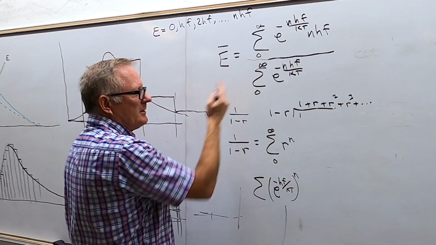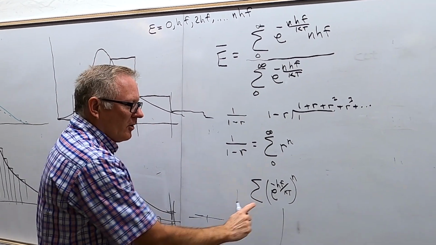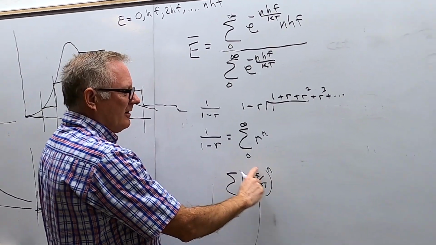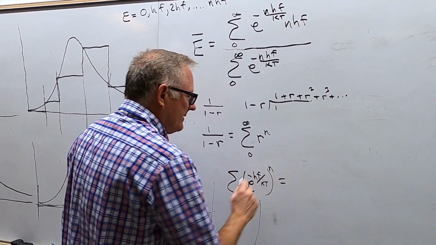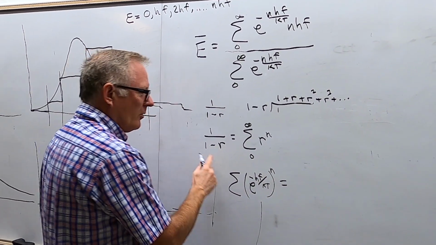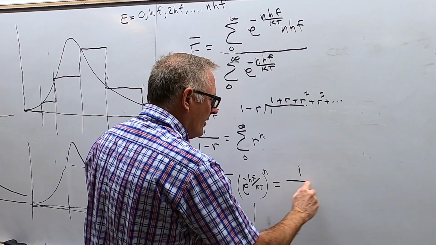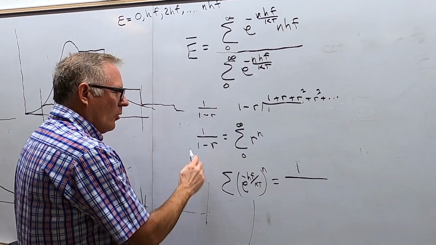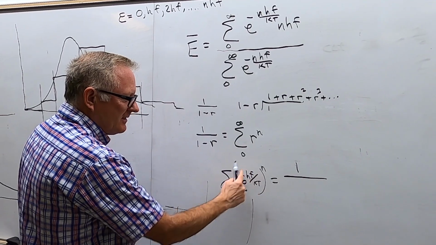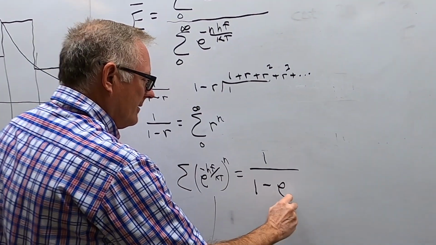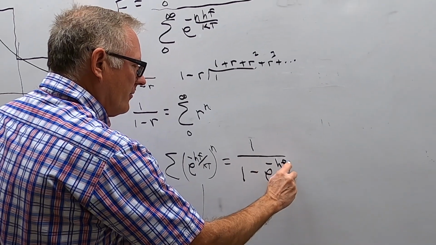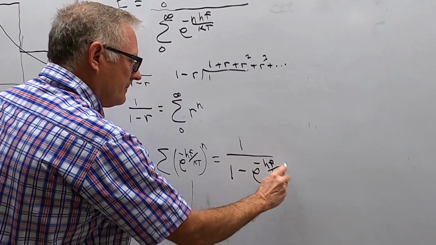This is the same as the denominator. So I'm just going to call this my r to the nth power. So this, just by using this same rule, is just 1 all over 1 minus my r, which is just that term, 1 minus e to the minus hf all over kT.